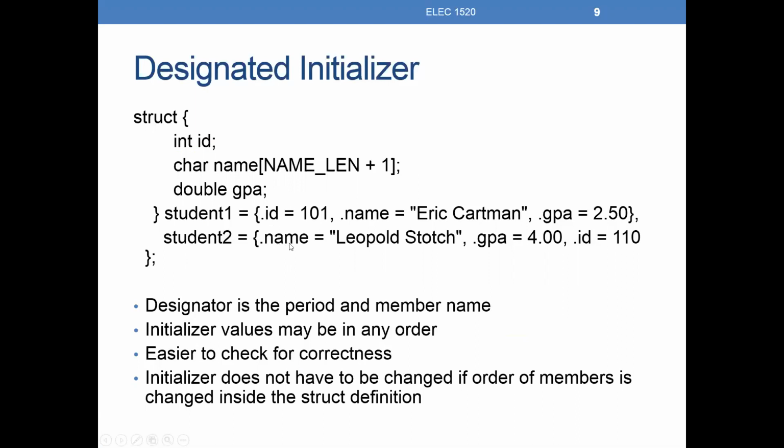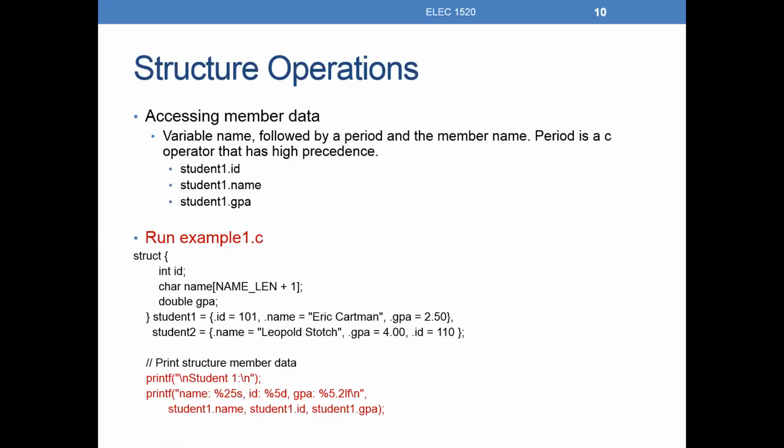Here I could say .name equals Leopold Stotch first and fill in the name field, .gpa, fill in the GPA field, .id, fill in the ID field. So I can change the order when we use this designated initializer list. Sometimes that's easier to check for correctness because you know exactly what field you're trying to initialize. You don't have to change the order, but you can.